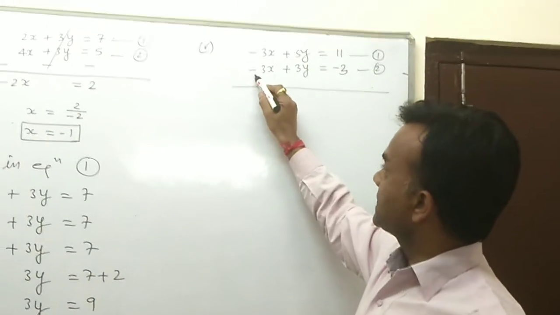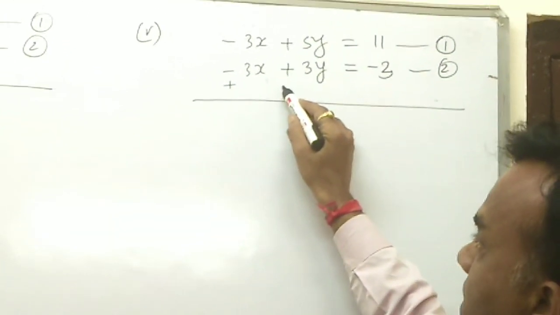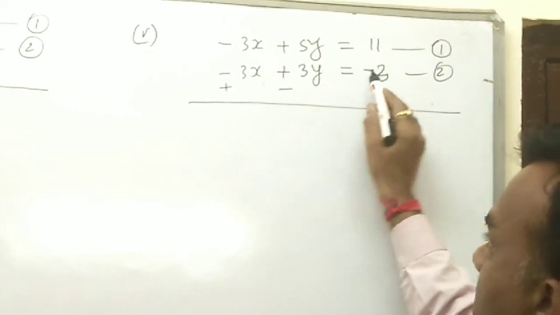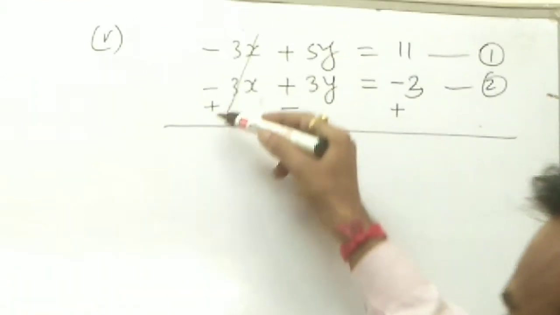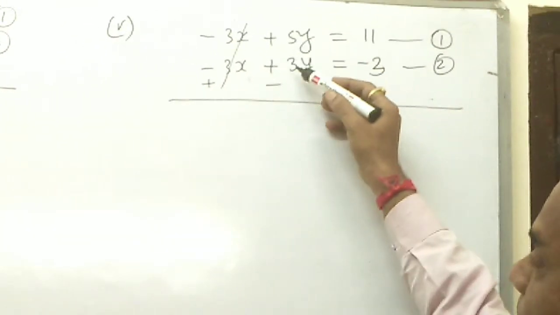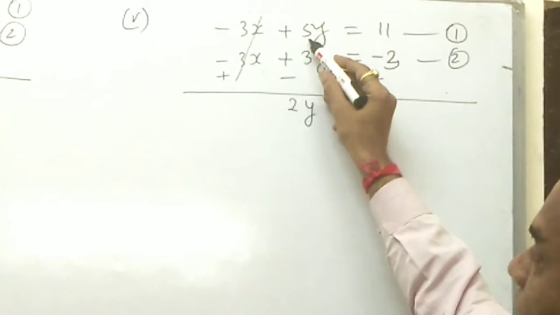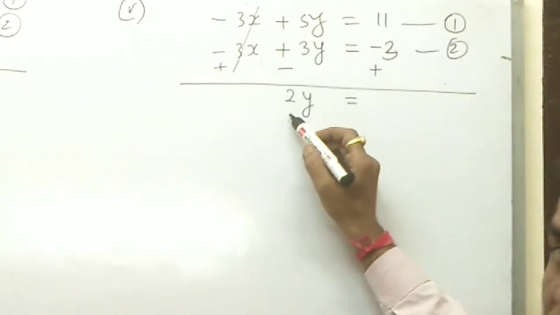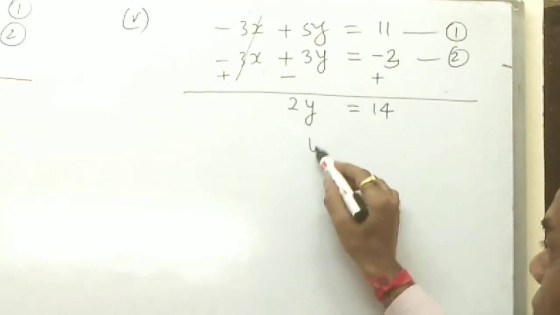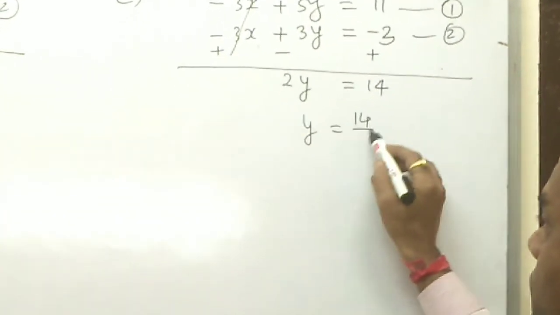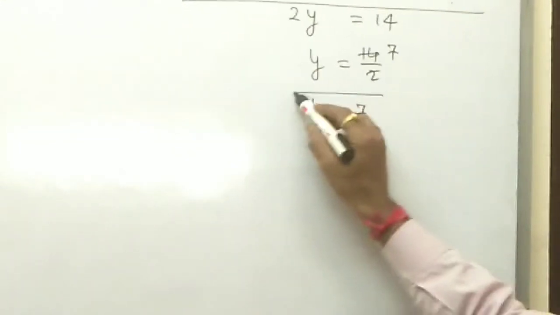So here minus sign is given, so you take plus sign, and here minus sign, so you take plus sign. So now this 3 is cancelled out, and now here 5 minus 3, so you have 2y, and the bigger number is positive, so the answer is positive. And now 11 plus 3 you have 14, so y equals 14 by 2, and 2 sevens are 14. So the value of y is 7.